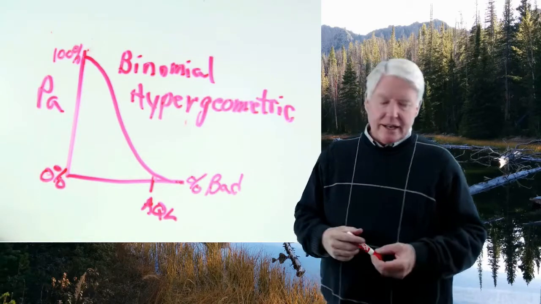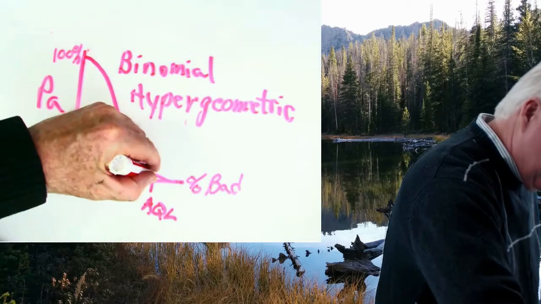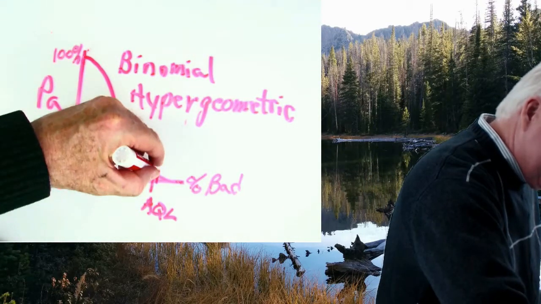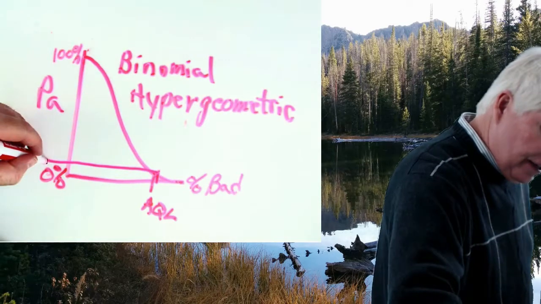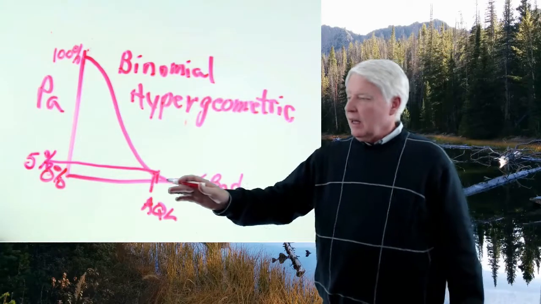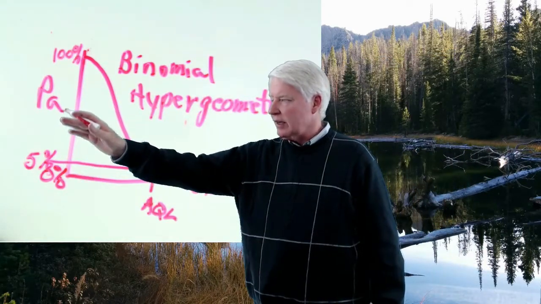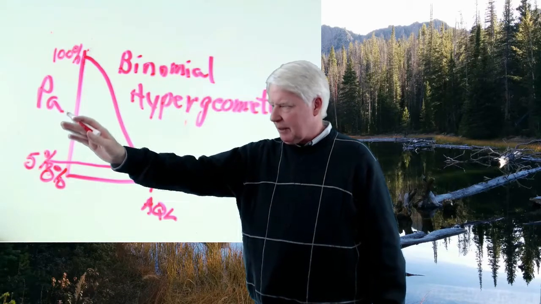And so what this tells us, if this is my AQL, and I'm just barely past the AQL, and let's say that's 5%, then that means I wanted to reject it, but there's still a 5% probability that I will accept it.